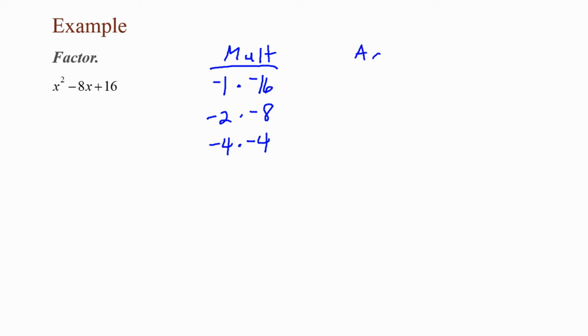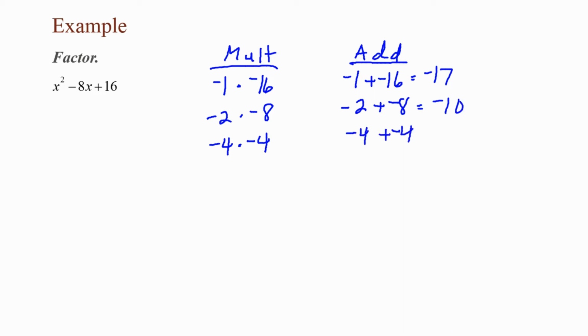To add those, negative 1 plus negative 16 is a negative 17. Negative 2 plus a negative 8 is a negative 10. And negative 4 plus negative 4 is a negative 8.